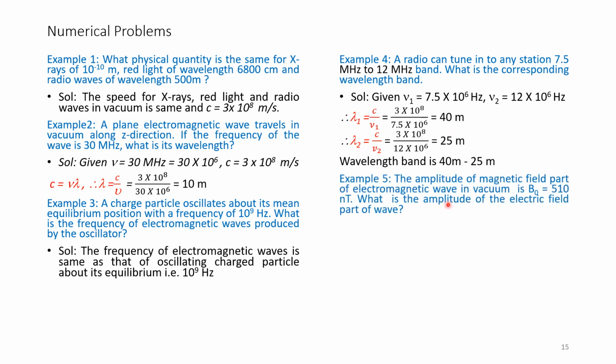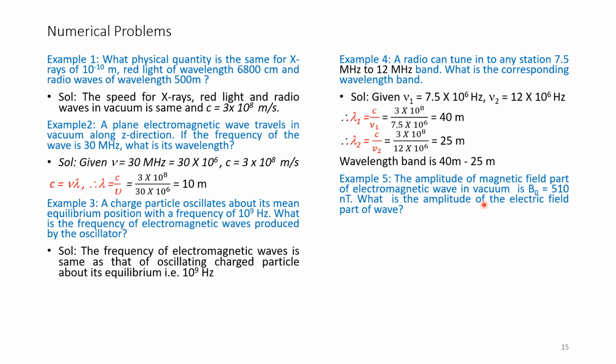Let us take up example number 5. The amplitude of the magnetic field part of an EM wave, electromagnetic wave, in vacuum is B naught equal to 510 nanotesla. What is the amplitude of the electric field part of the wave?